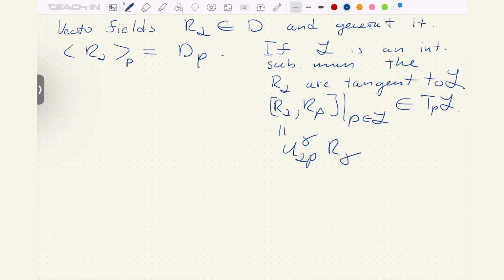Because if our vector fields at each point form a basis, then any tangent vector can be decomposed again with respect to this basis R, right? So what we see is that the commutator of our vector fields at point P is again proportional to our vector fields and hence belongs to the same distribution. But all this happens at any point of L.